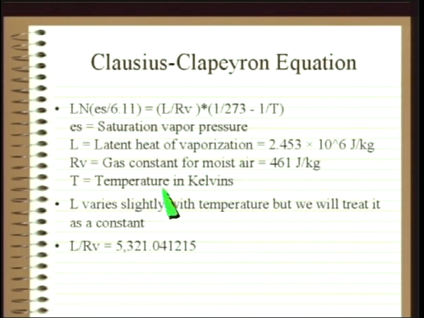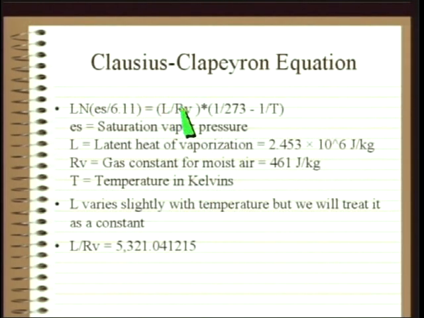The temperature is plugged into the equation at this point right here, and the temperature is always going to be in units of Kelvin. As I mentioned, this L value, latent heat of vaporization, does vary slightly with temperature, but we're going to hold it as a constant when we're solving these equations.